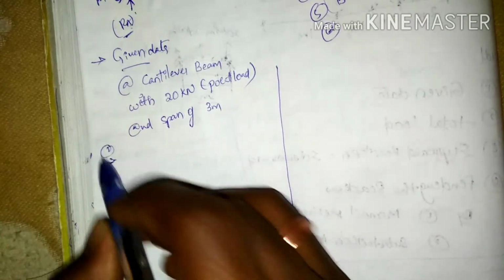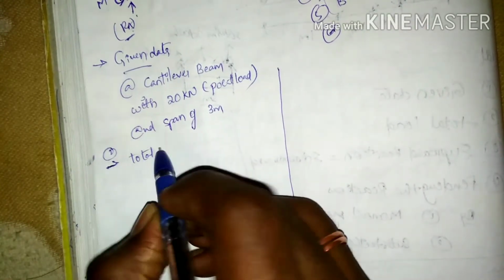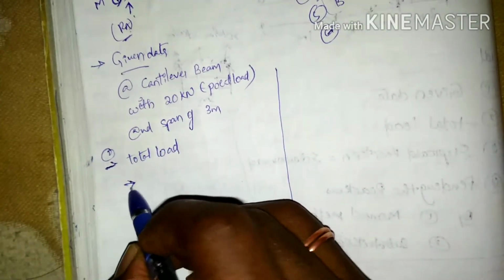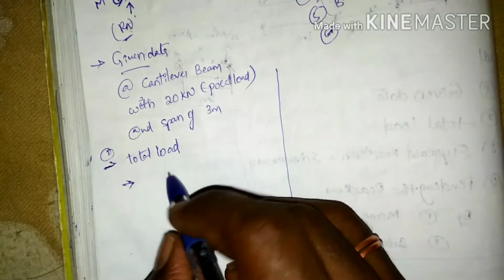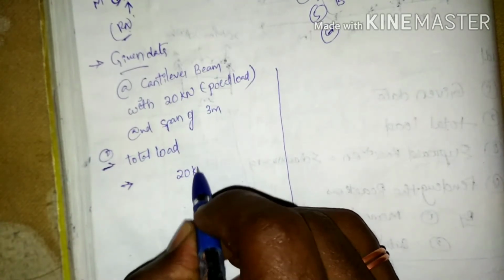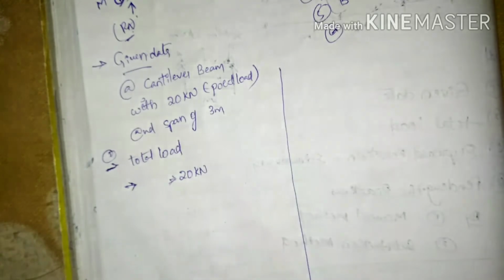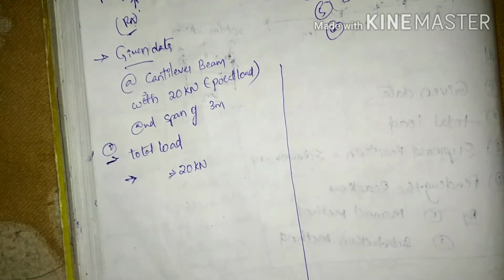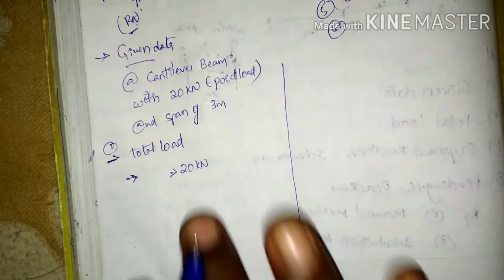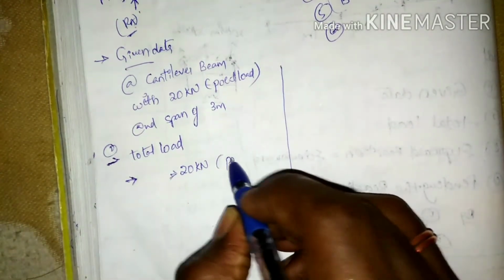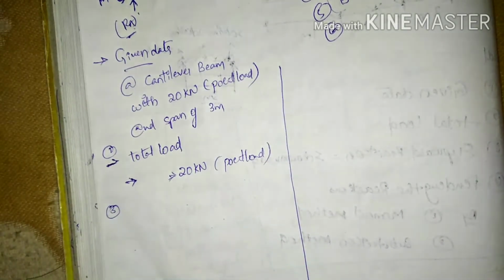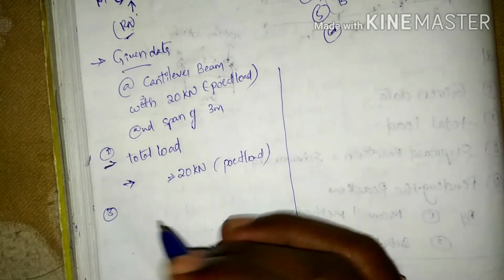Next, step 2, total load on beam. Here we are having a point load in the downward direction, 20 kilonewtons. Total load on beam is equal to 20 kilonewtons. There is no UDL, we only have a point load of 20 kilonewton. Next, step 3, equating upward reactions equal to downward reactions.